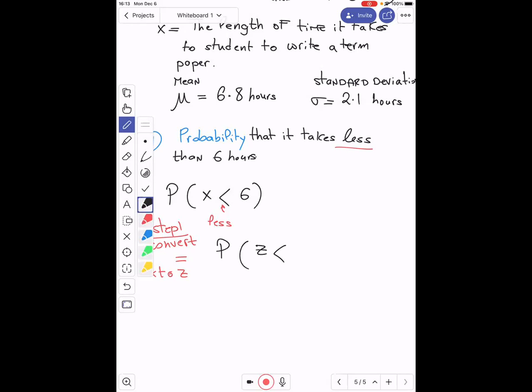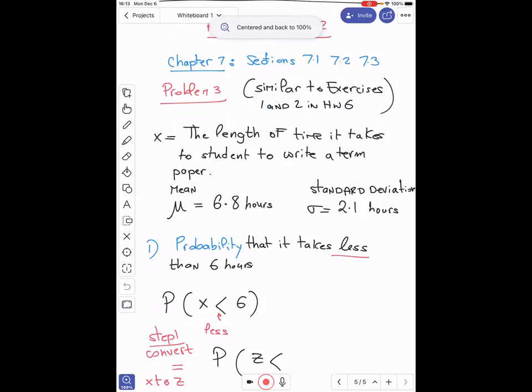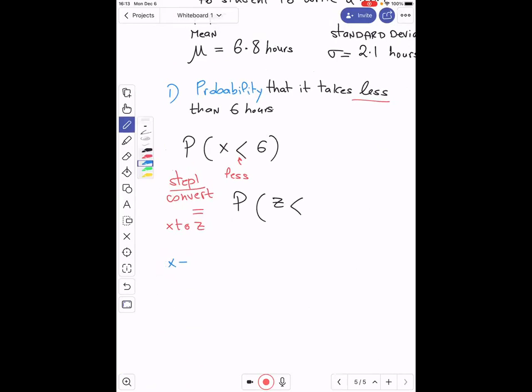The formula to convert X to Z, I'll just remind you. Let me write it down here in red. Z is equal to X minus mu, the mean, over sigma.